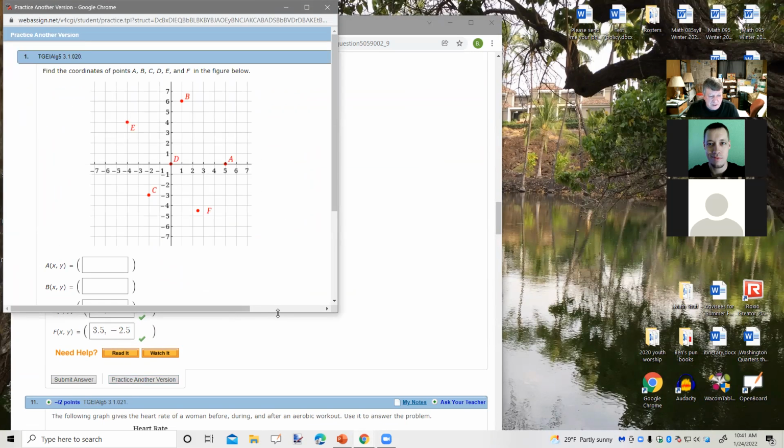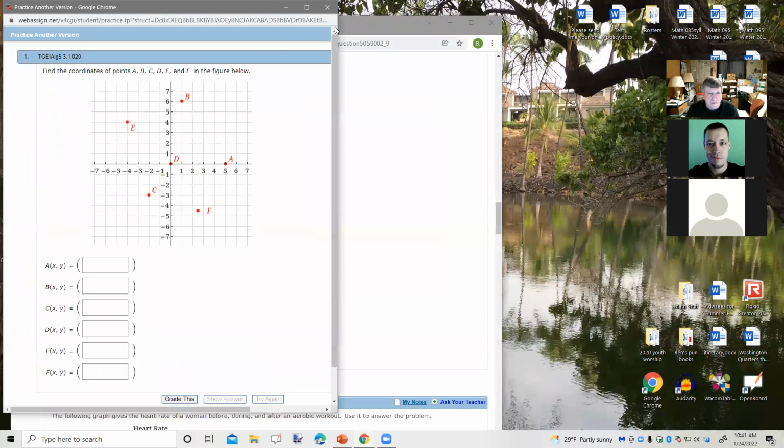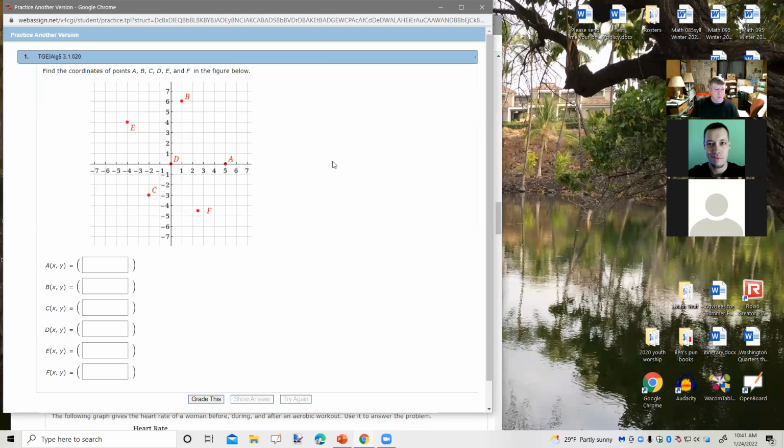All right. So in this example, instead of having the coordinates and plotting the points, we have the points and we're going to write down what the coordinates are. So point A, X would be 5, Y would be 0. Now I've already got the parentheses. So I've got 5. I need to separate the X and Y coordinates with a comma and then a space and then 0.